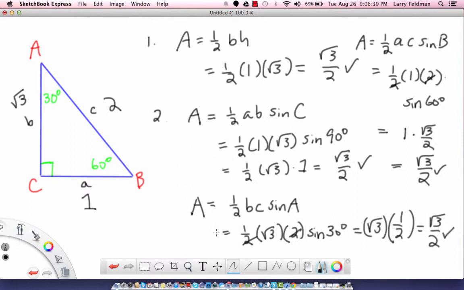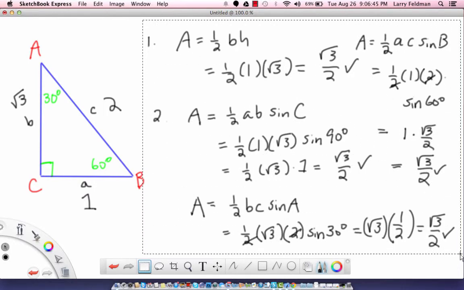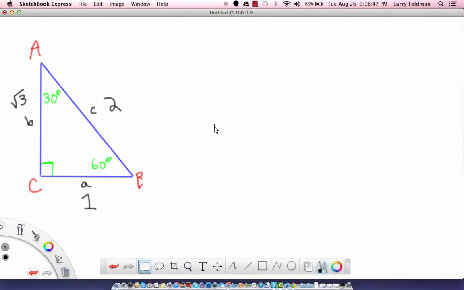Now let's use Heron's formula. Let me clean this up a little bit.